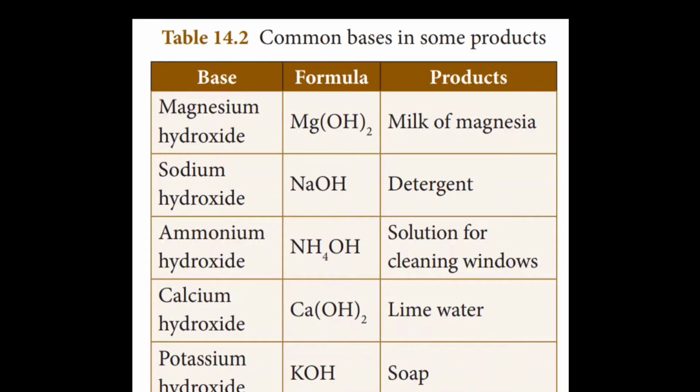Some common bases in some products you can see. There is a base, formula, and the products. Magnesium hydroxide, Mg(OH)2, milk of magnesia. Sodium hydroxide, NaOH, product you can see as detergents.